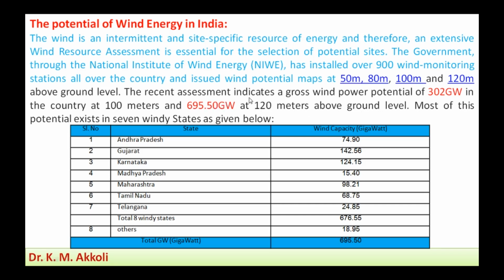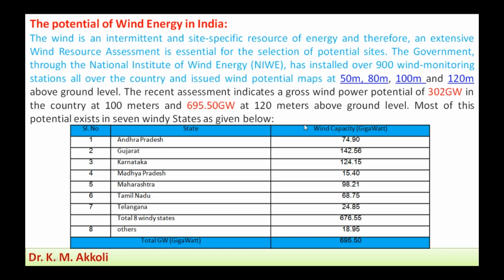The recent assessment indicates a gross wind power potential of 302 gigawatt in the country at 100 meters. At 100 meters, 302 gigawatt of power potential is available, and 690.5 gigawatt at 120 meters above ground level. Most of this potential exists in 7 windy states as given below.